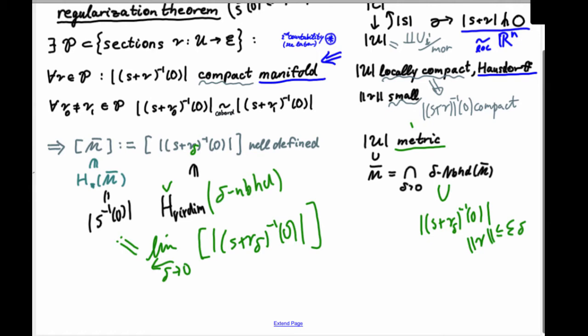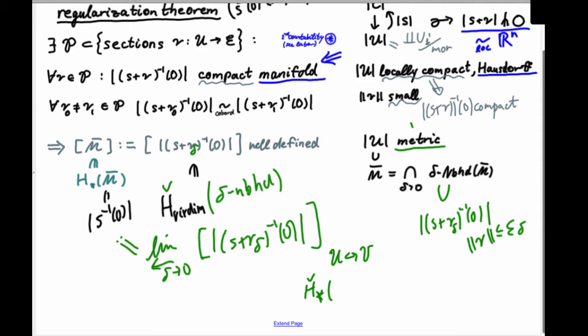So the one thing that I'm using here is that I have an embedding U into V, then I get, what is this? Which way do I go? Then the Čech homology of V sits in Čech homology of U, simply because every cycle that sits in, oh goodness, it's exactly the wrong way around here. Okay.